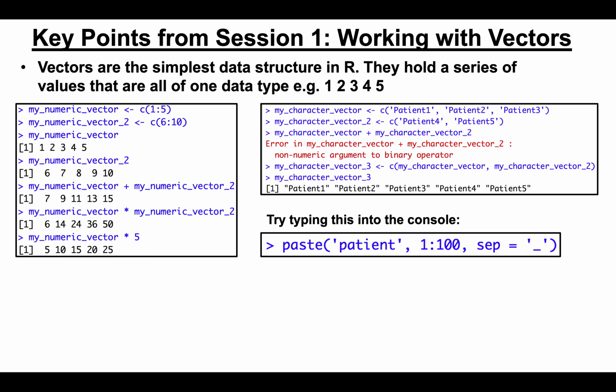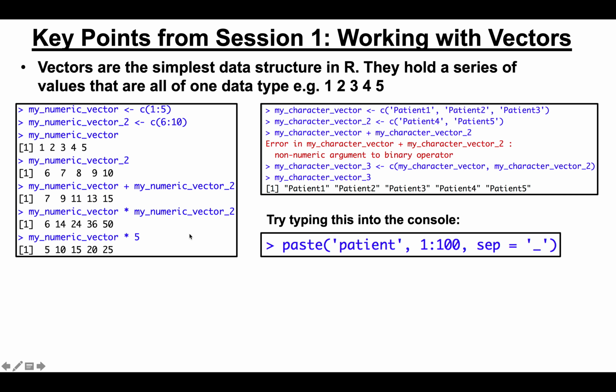We could create another vector with the c function, anything we want. We created these numeric vectors, and we saw how we can use arithmetic operators on those. We got to see how vectorization works, and hopefully got an appreciation for how that can be a useful characteristic of the R programming language.